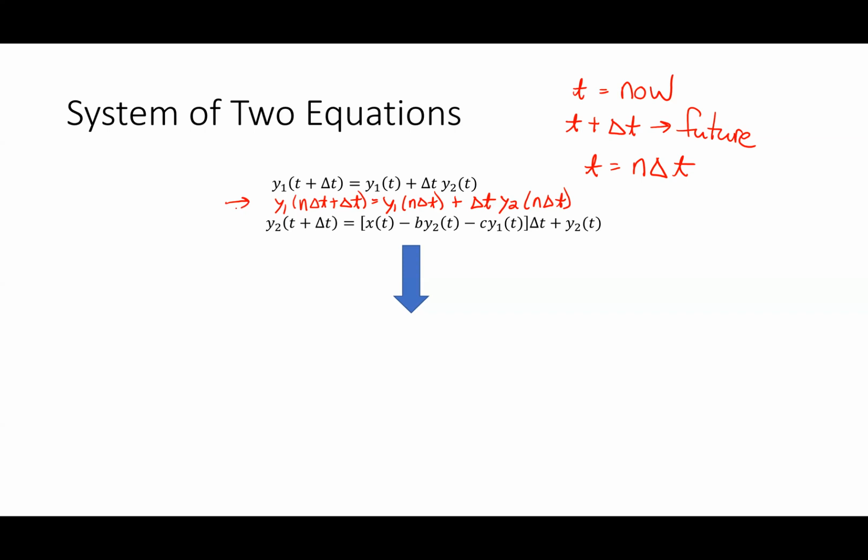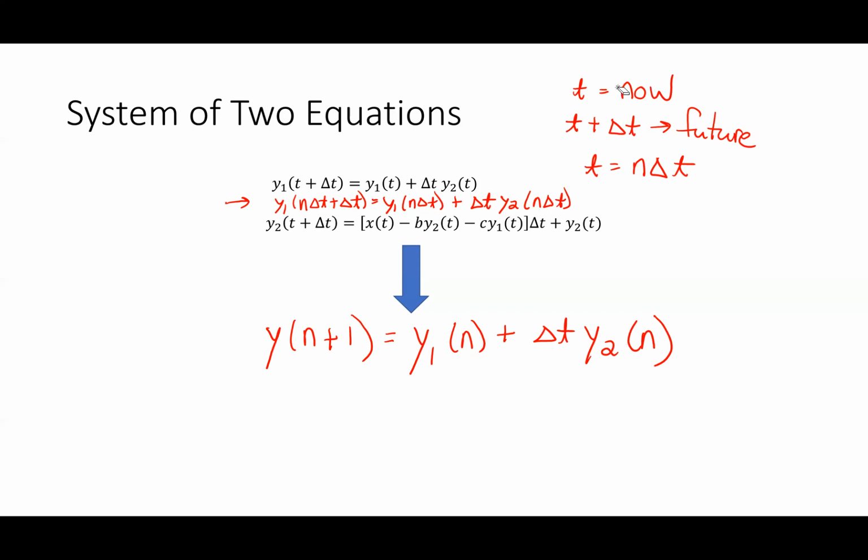What I said was, I don't even really need to have the delta t's in these expressions, right? I could say instead that the next value, the n plus 1th value in the vector, is equal to y1 of n plus delta t times y2 of n.